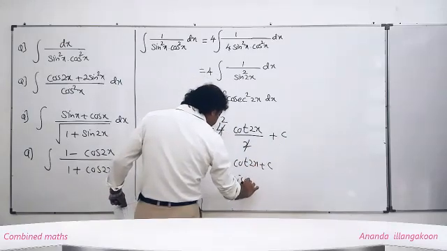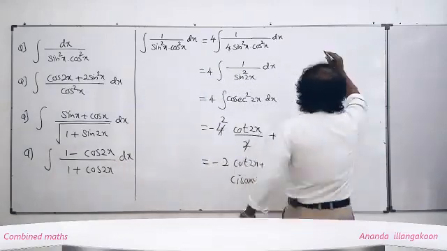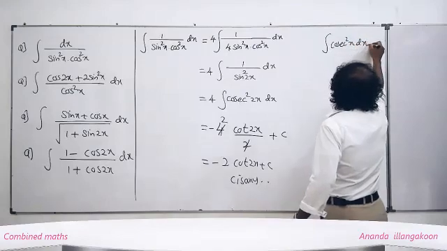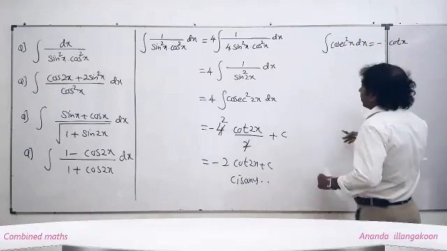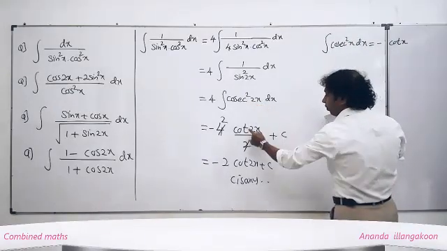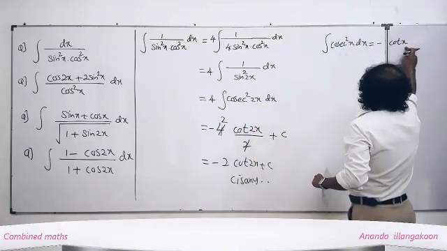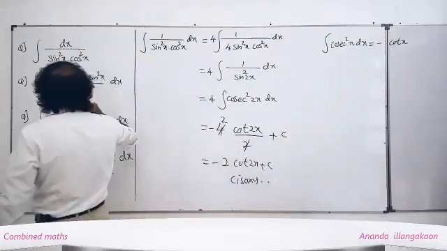C is any constant. The reason is, as we learned today, the cosec squared x integral is minus cot x. Here we have cosec squared 2x, and x has a coefficient. By that coefficient we have to divide. If we have 2x here, by 2 we have to divide. That's the reason.